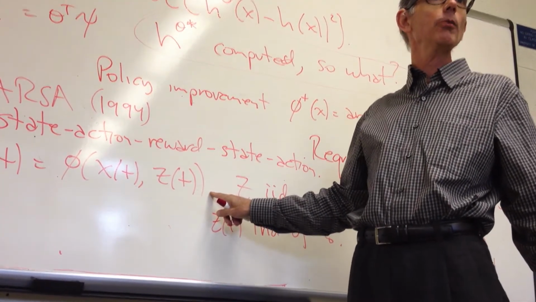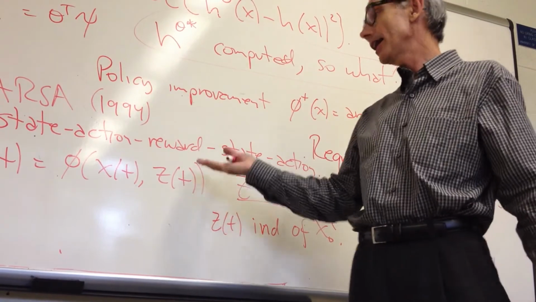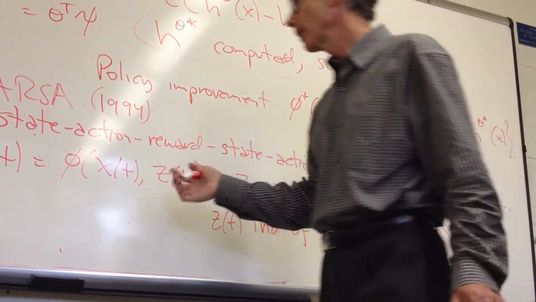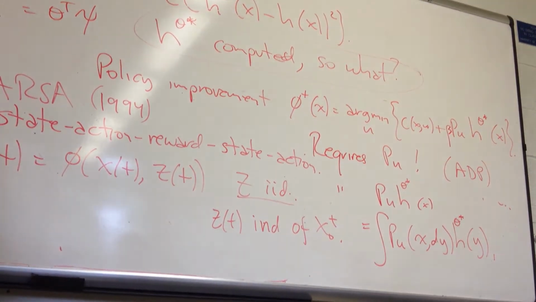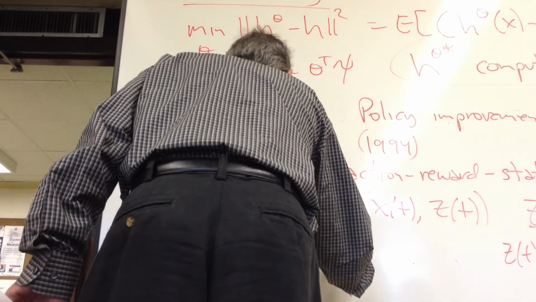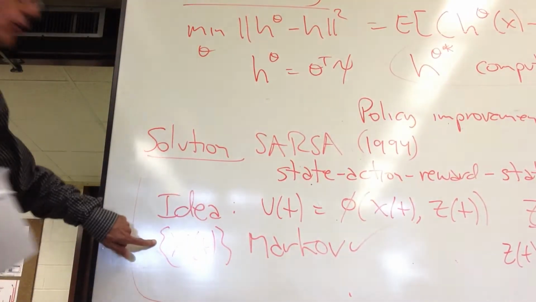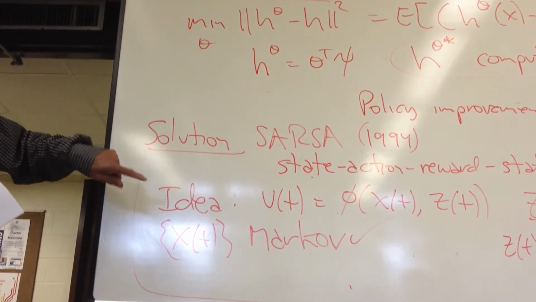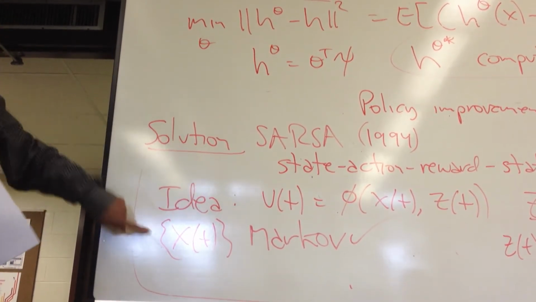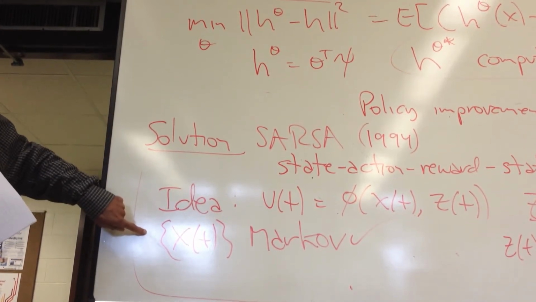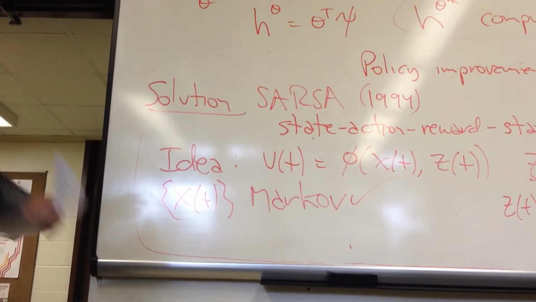When I started with TD learning, I said I have a policy like this, so we've just got a fixed Markov chain. So x of t is a Markov chain. That was the whole justification for the TD learning. Once we have a policy like this, we have a fixed Markov chain, we can now estimate value functions. But also the pair is a Markov chain.